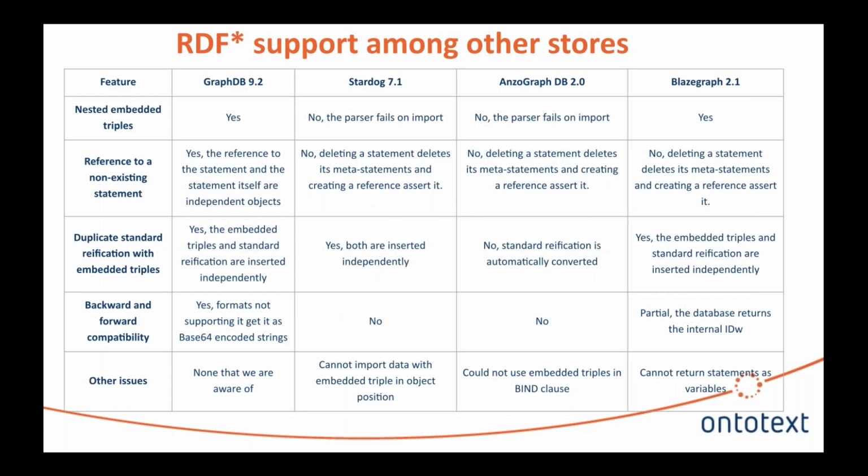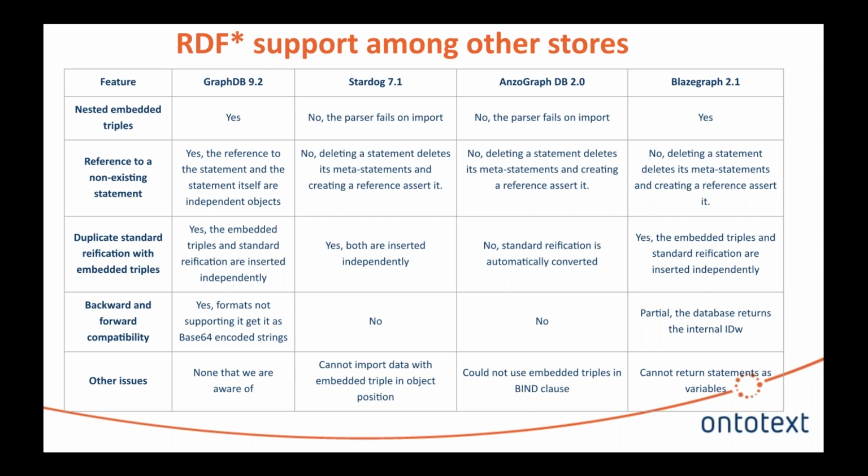So here is an interesting evaluation we did. I will be glad if some of the authors of the other databases comment and suggest some improvements to this table. But this is how the different stores implement RDF-star. Basically, at the top in the columns we have the different implementations.